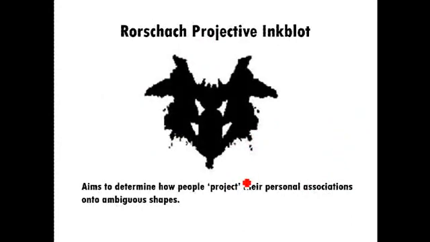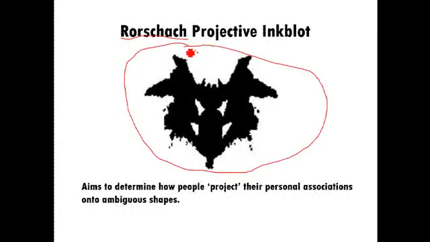So, you may have heard of the Rorschach ink blot, class. This is a set of, I believe, 20 ink blots, where you are presented a vague stimulus like this and asked to basically explain what this is.